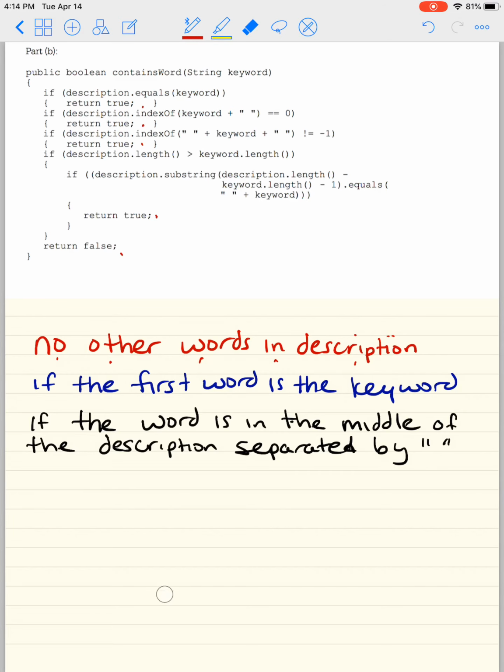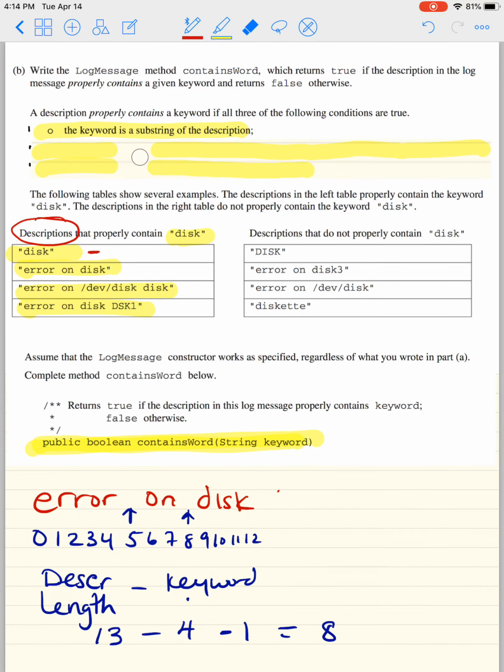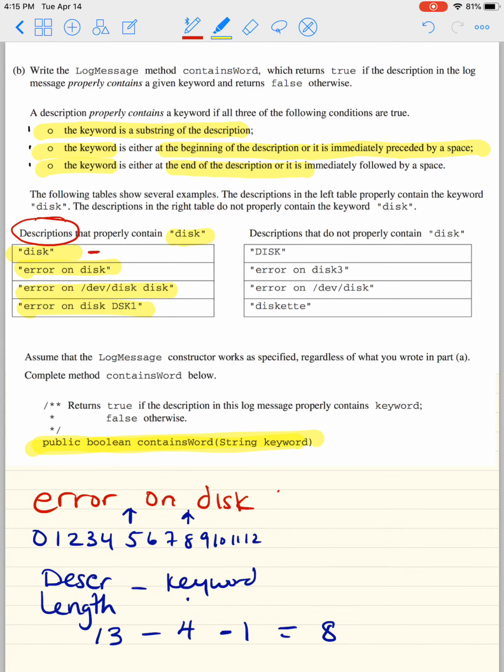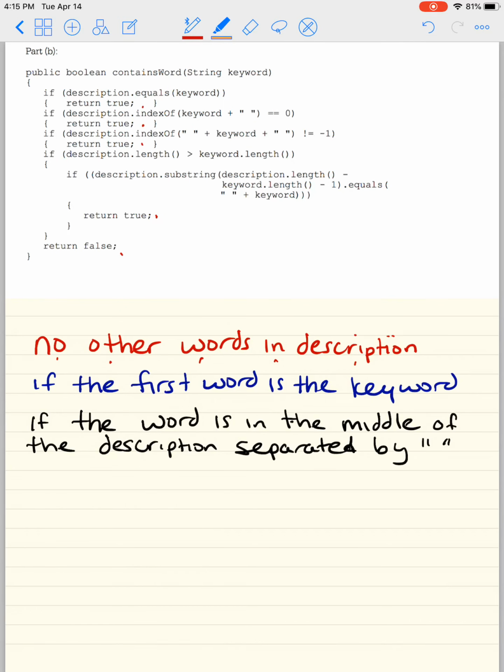Second one is the keyword is either at the beginning of the description or it's immediately preceded by a space. That's the blue part right here. Do you remember what index of does? It returns an integer. It returns it after it finds the exact word, and it tells you what index it's going to be at.